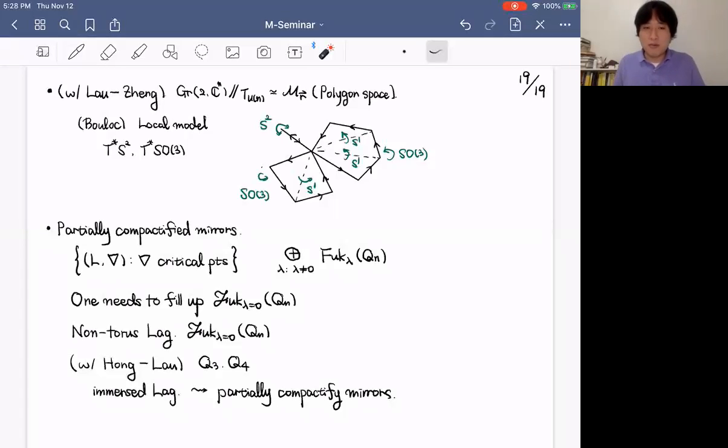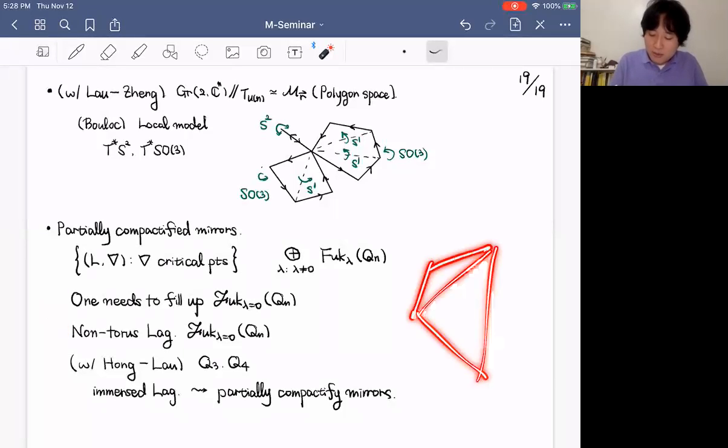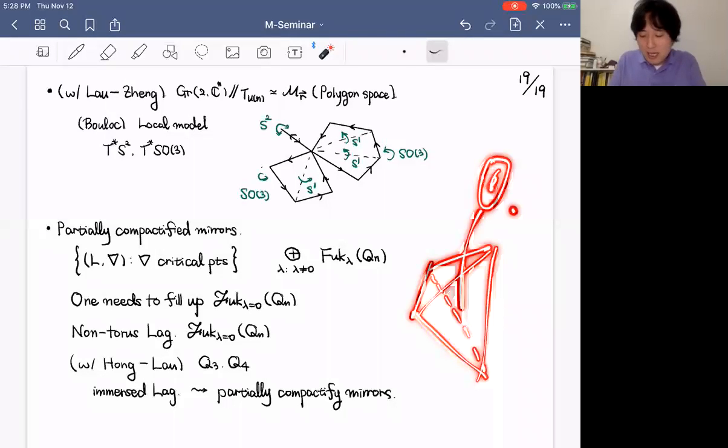So our proposal is, partly, first of all, let me explain why this can happen. Let's recall our polytope again. We have the Lagrangian torus, this monotone Lagrangian torus, and we think about the flat connection added on, and the category generated by it.